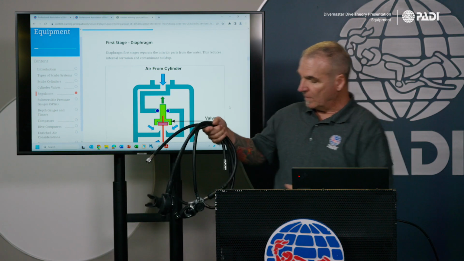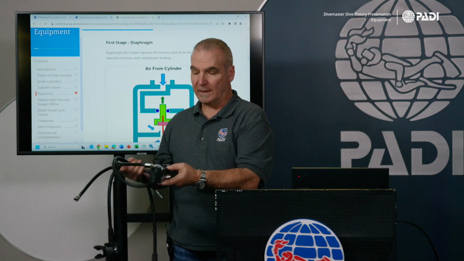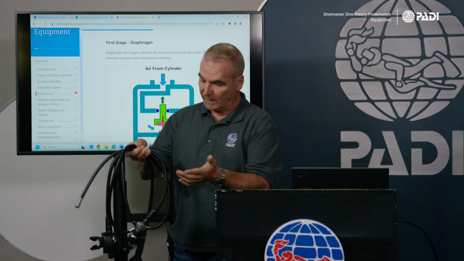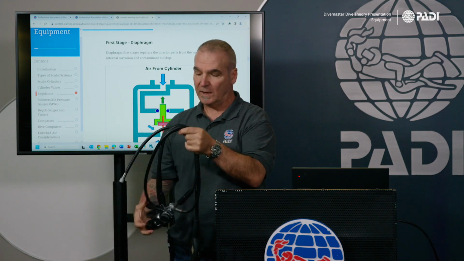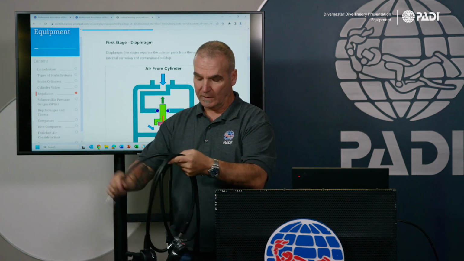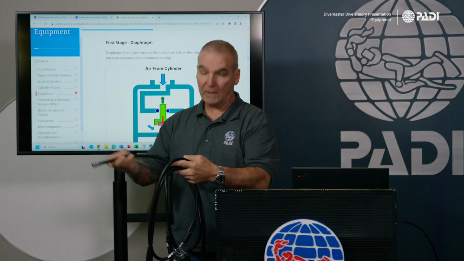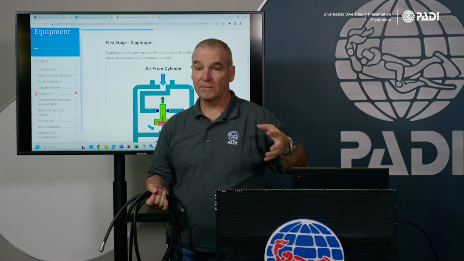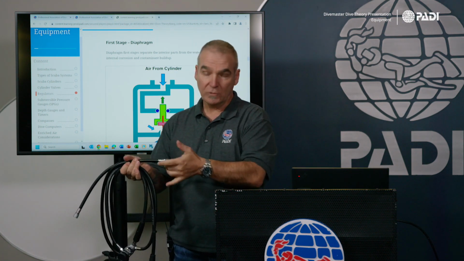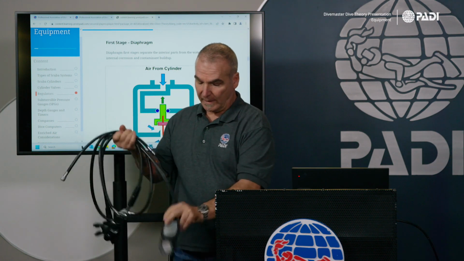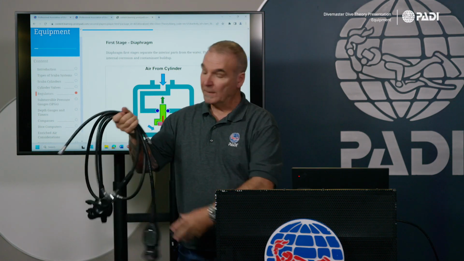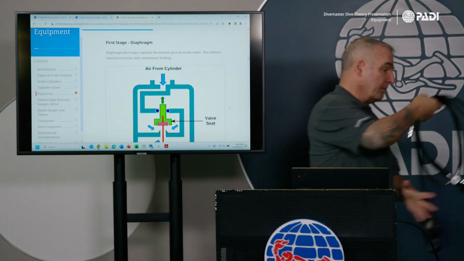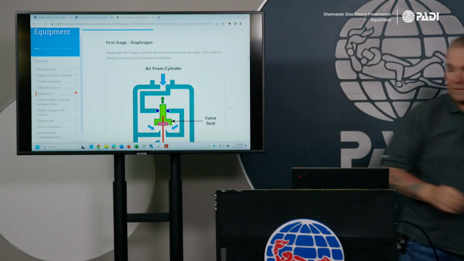And then you've got the piston model like this one. This one is a piston, but it does the same thing, right? Again, we've got a first stage, a second stage, and a connector that would go to a low pressure inflator. There might be an Air 2 model there for your octopus, dry suit connection, and high pressure as well. So this one would be a piston type regulator, and you can discuss these things.